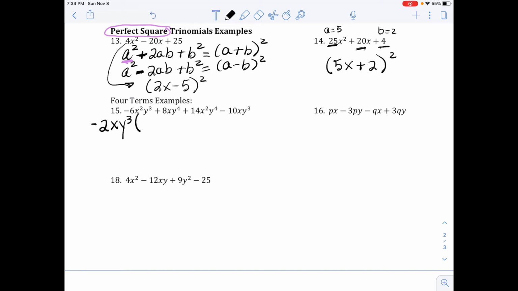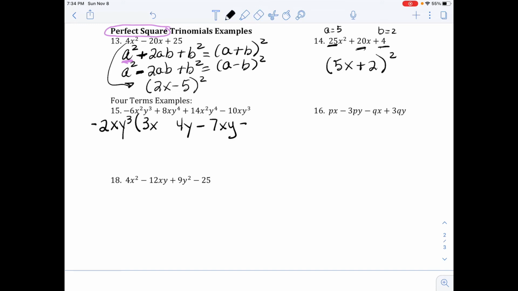Okay, what's going to remain? 3x plus 4y plus 7xy, oh wait, hold on. That has to be a minus, because 14 divided by negative 2 is a negative 7.